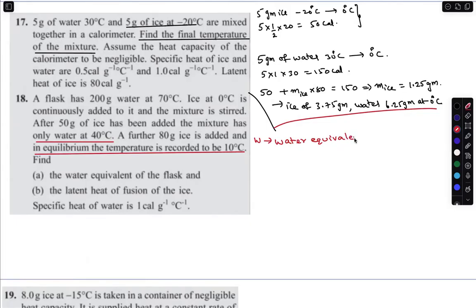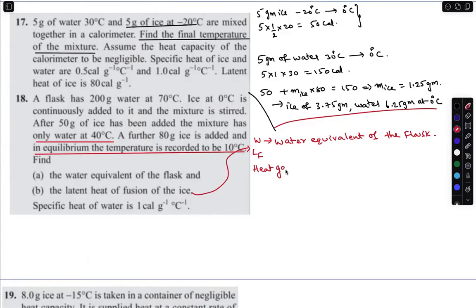What do you want? The water equivalent of the flask, and the latent heat of fusion of ice, let us call it L. Right. Now, what is happening here?